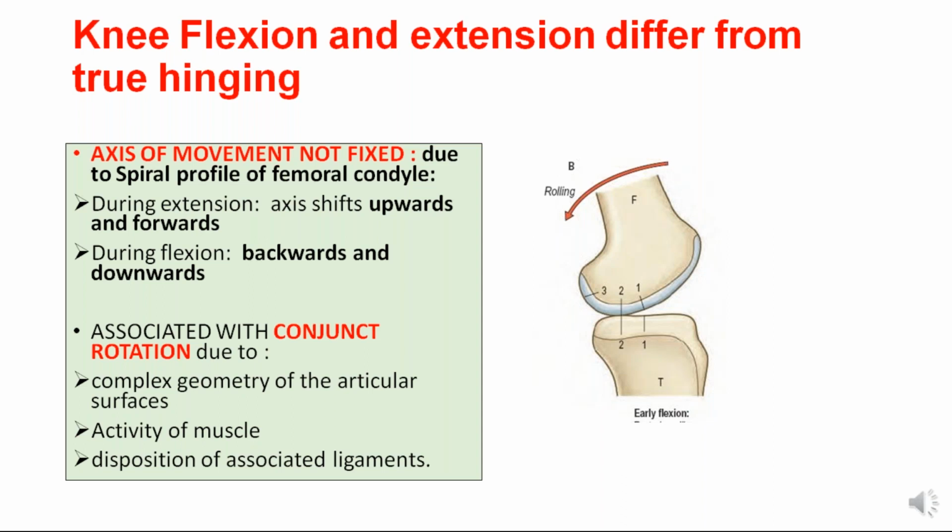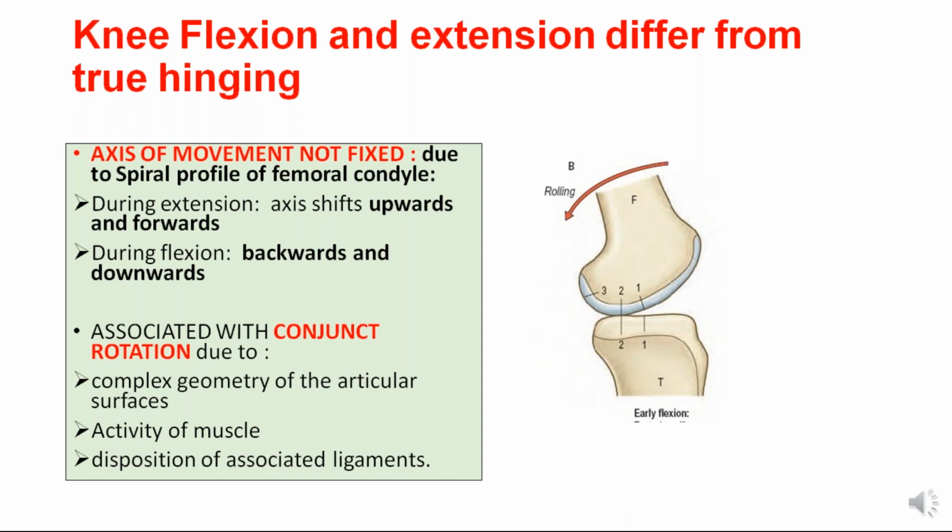Because the femoral condyles have a spiral profile, which we discussed in the last lecture. Because of this spiral profile, during extension the axis shifts upwards and forwards, and during flexion the axis of movement goes backwards and downwards.